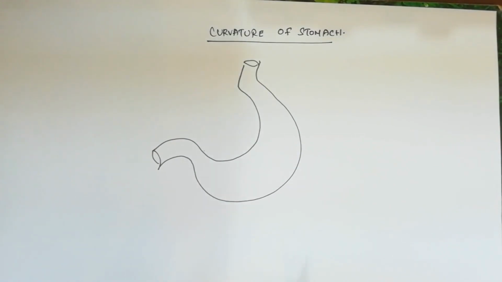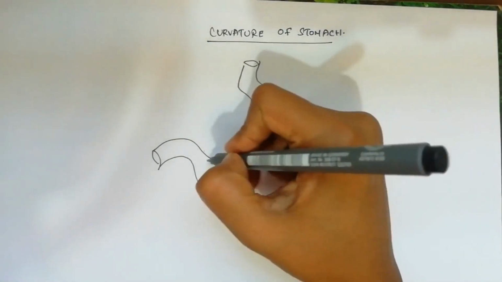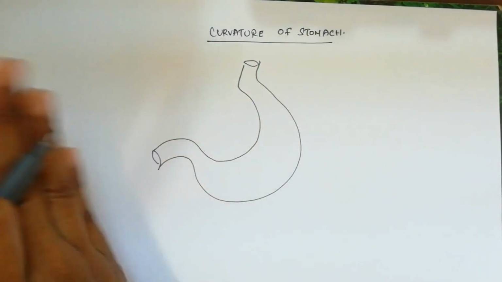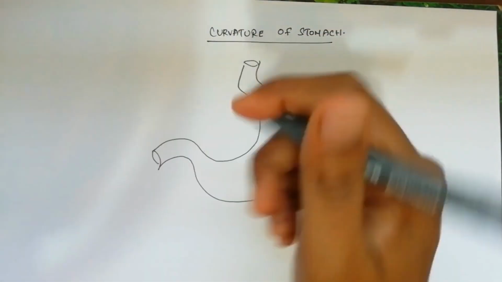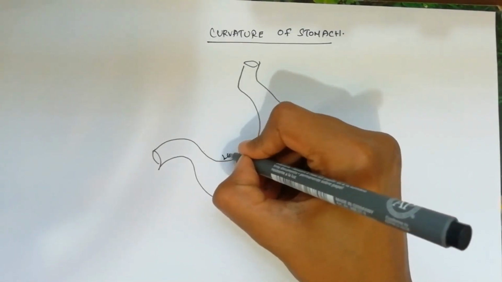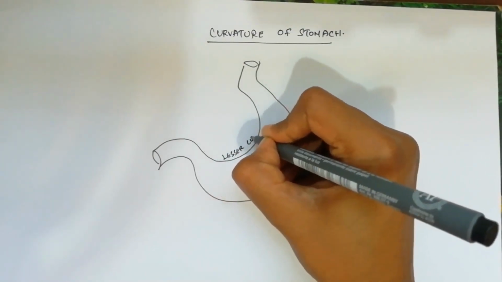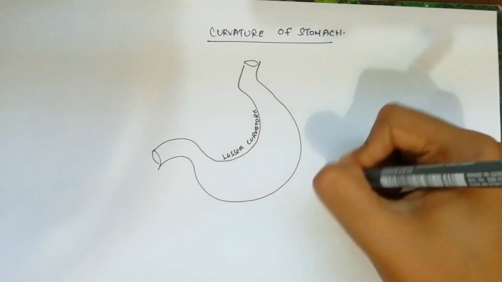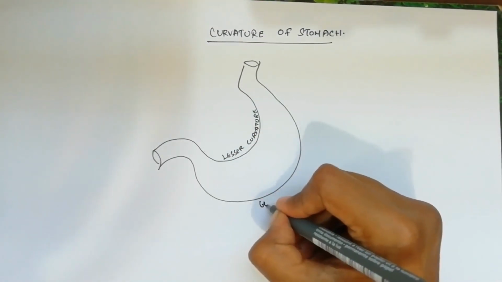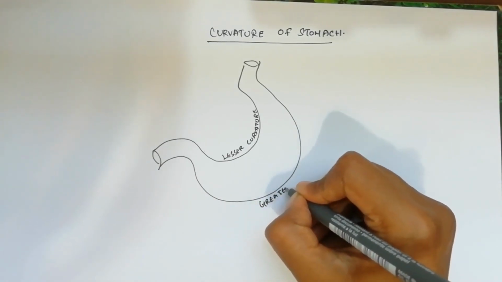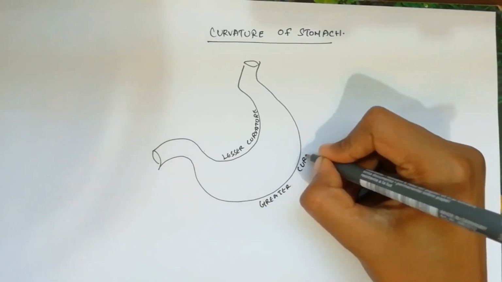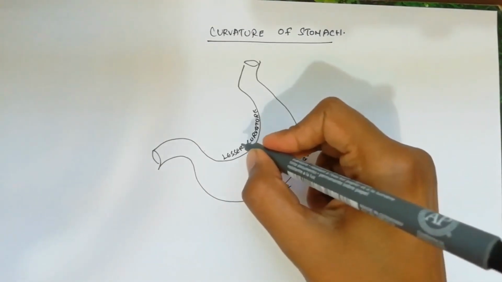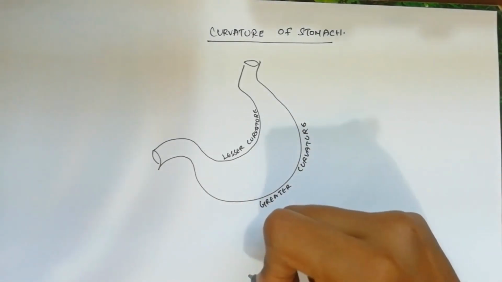The curve which is facing towards the right side, we are calling that the lesser curvature. And this part which we have is the greater curvature. So this is the lesser curvature and this is the greater curvature we have got.